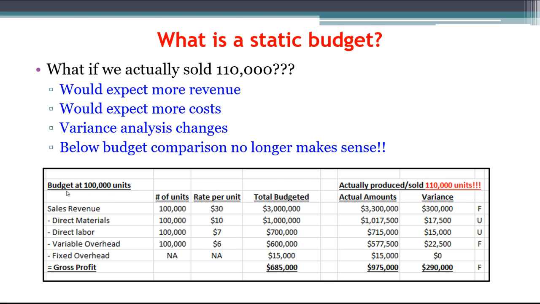Let's say they just give us this budget at 100,000 units, and they just told us that, hey, our total budgeted sales revenue is 3 million, and they gave us all these costs. If they didn't give us this middle column, we should be able to calculate it by taking 3 million divided by what we know as 100,000 units, and we'd back into these rates per unit.